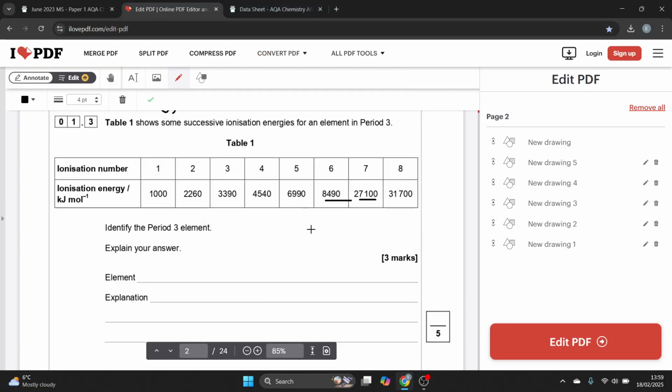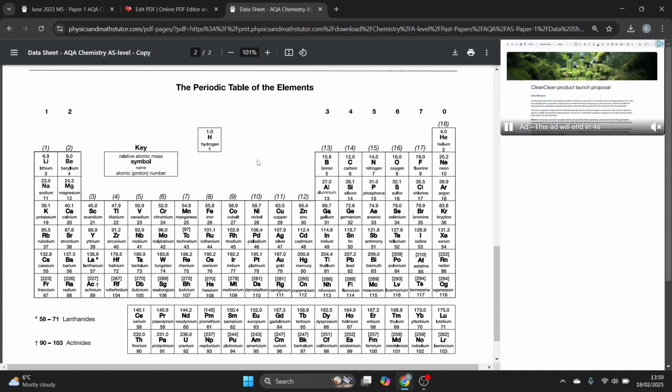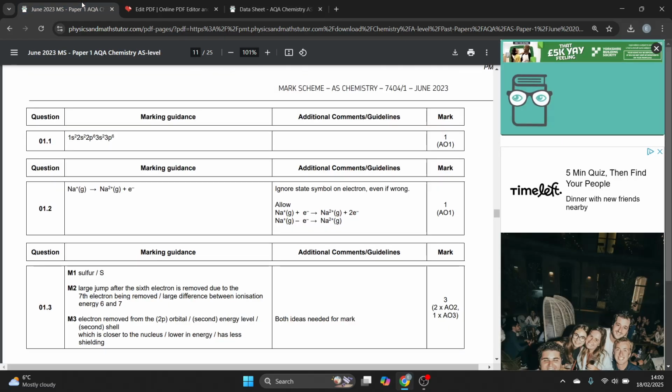The massive jump is when the outer electron is removed from the 6th outer shell. So the period 3 element, then it's going to be sulfur.